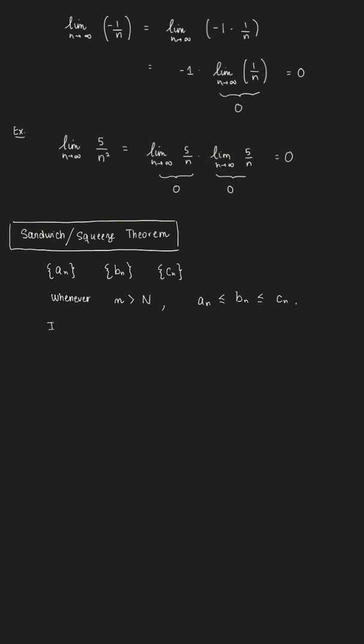If the limit as n approaches infinity of A sub n is some value L, and that's the same as the limit as n approaches infinity of the larger sequence C sub n, then the one in the middle will also converge to L.